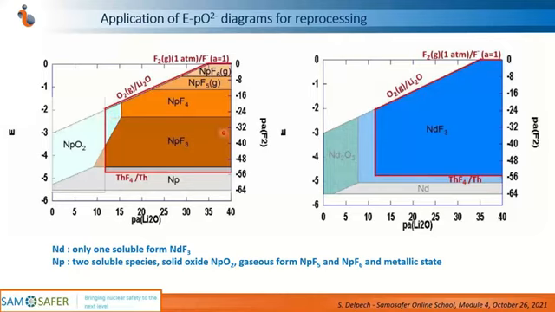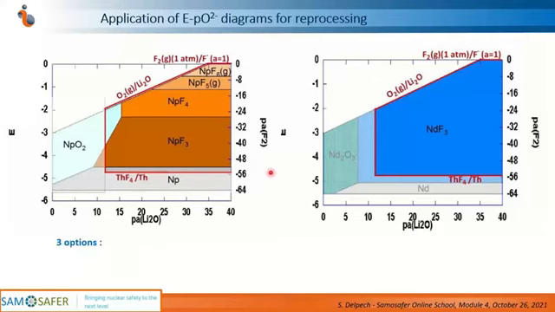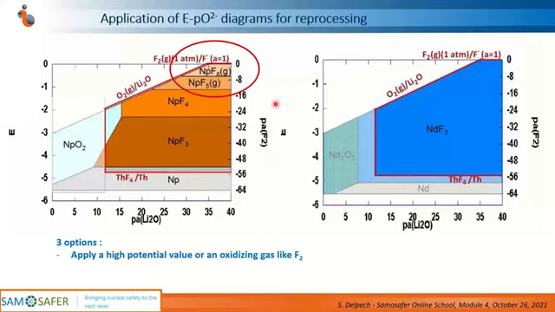To do the separation between these two elements, which could be present in the same molten salt, lithium thorium fluoride, we have three options. The first one is to apply a high potential value, or to bubble a very oxidizing gas like fluorine gas.